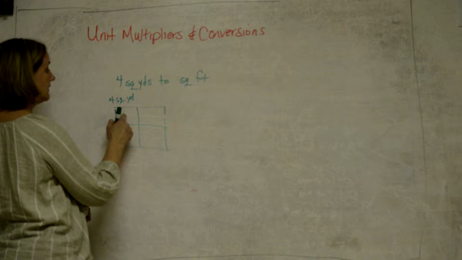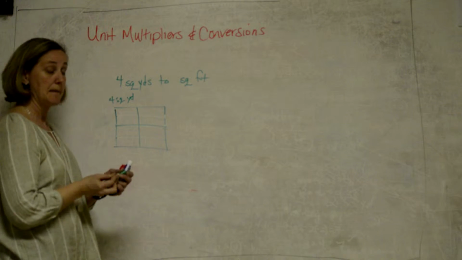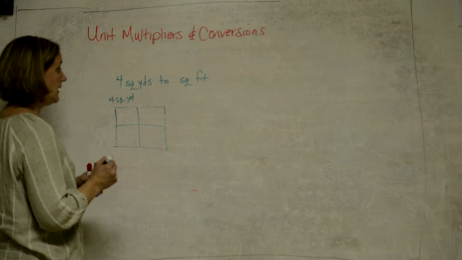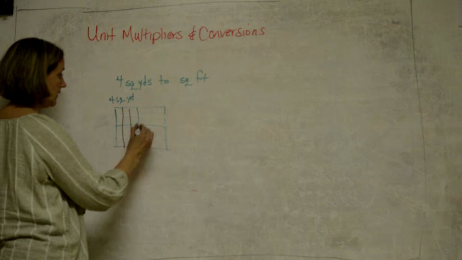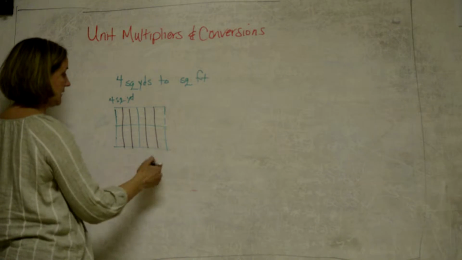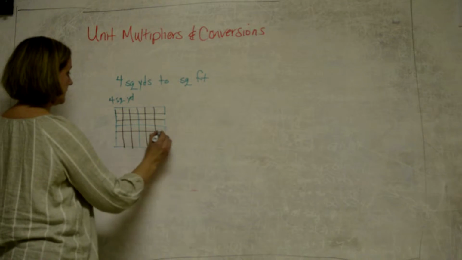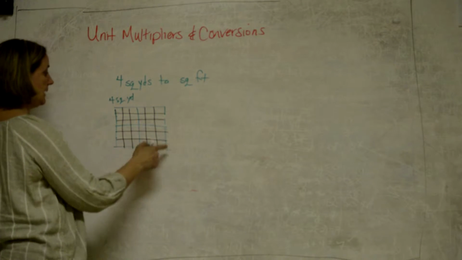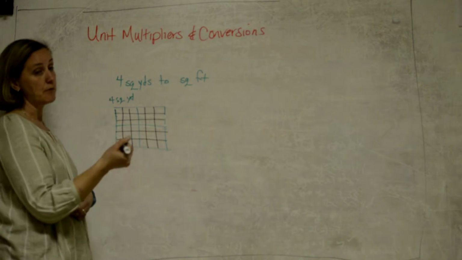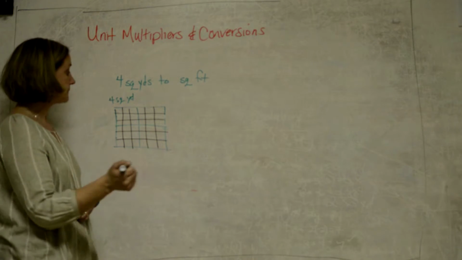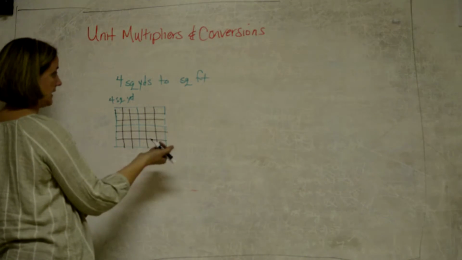But if I take my 4 square yards and break it into feet, because remember that there's 3 feet in a yard, I break this side and this side. My 4 square yards becomes a lot more than 12 square feet. I end up with 36.